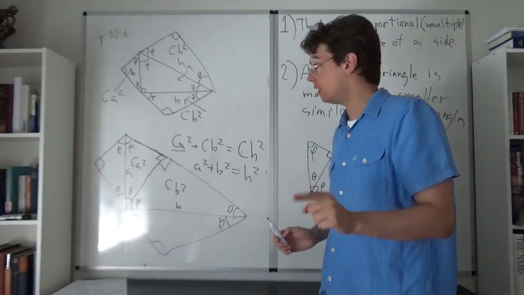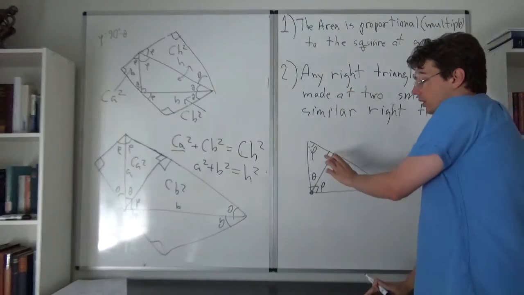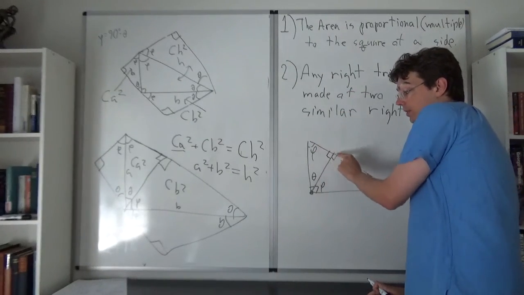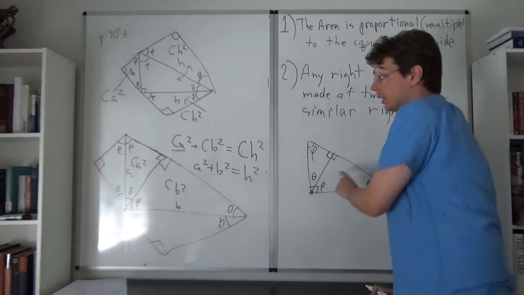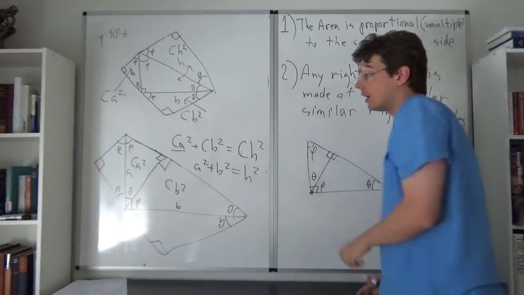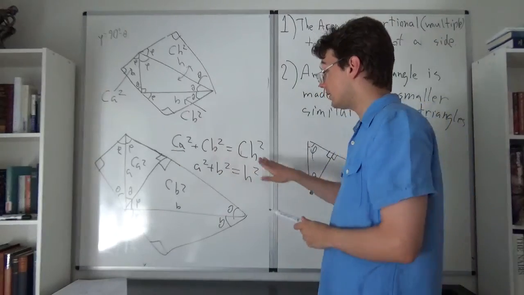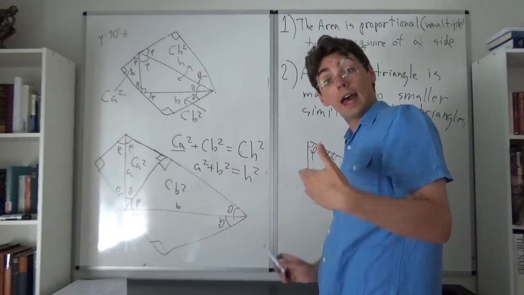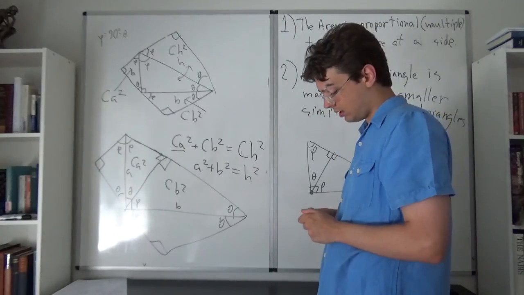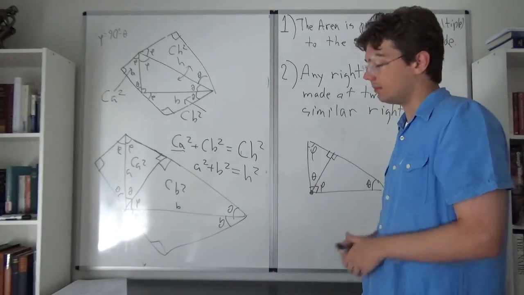Through addition, because any right triangle is made up of two smaller, similar right triangles. So I get this here, and then I can just kill off that C by dividing it out. Okay? So that's how it works. That's how the Pythagorean theorem is demonstrated.